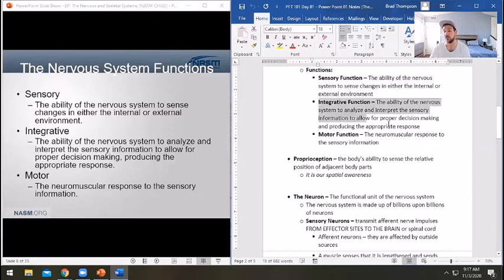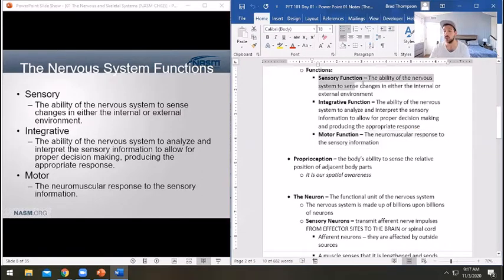Then my integrative function is going to go, okay, when something is that heavy, we need to recruit this many muscle fibers, right? And then my motor function is going to carry that out. So my integrative function will go, we need 25 muscle fibers, just picking a fake number. And then all of a sudden I can lift that 25-pound jar. And so that's your motor function. That's the response to your sensory information.